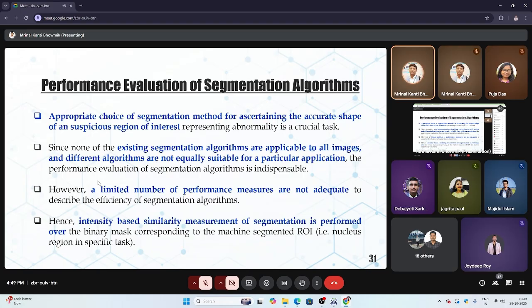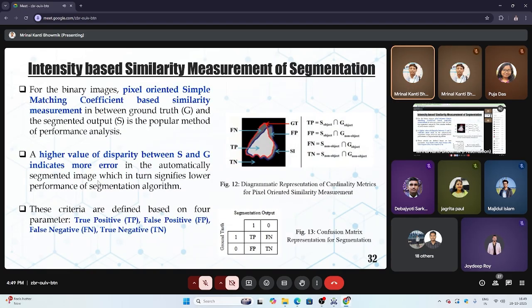One of the most important segmentation performance evaluation metrics is the intensity-based similarity measurement of segmentation, which is calculated from the binary masks of the ground truth and the machine segmented region of interest. So what is the intensity-based similarity measurement of segmentation?